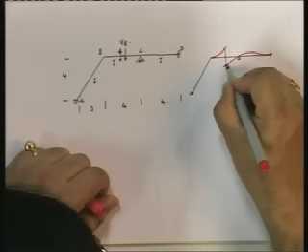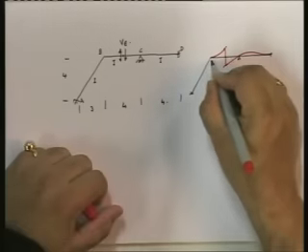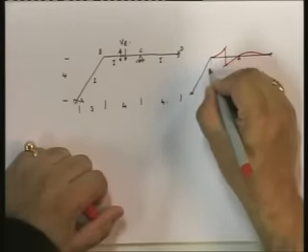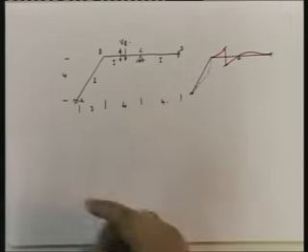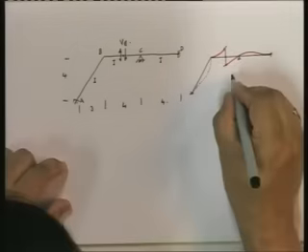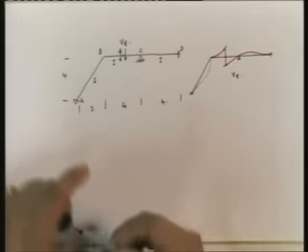Where this theta and this theta are the same, and this one of course will go like this. We don't care. This is the influence line for VE.